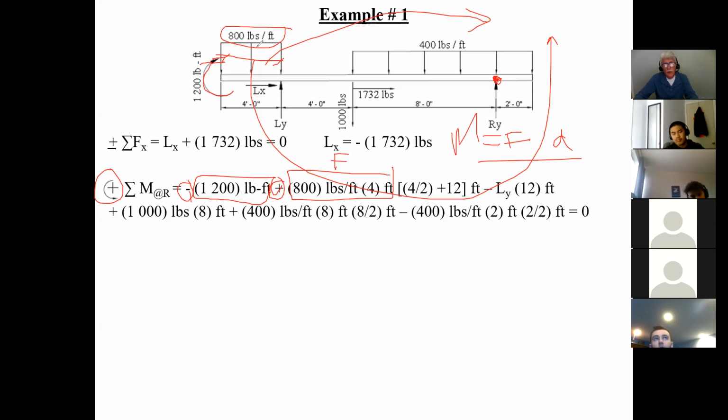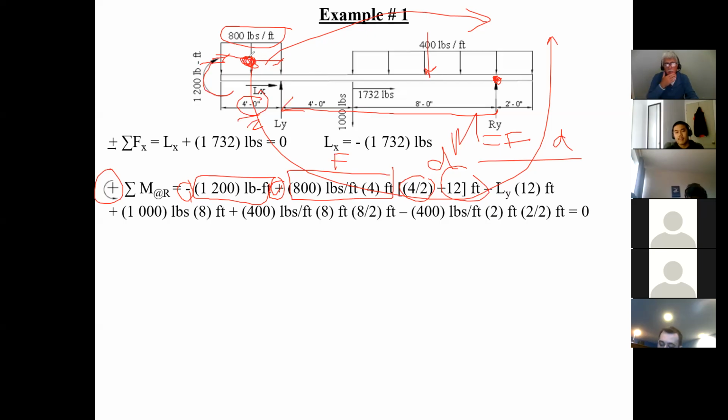For a uniformly distributed load, it acts at the centroid. So the distance is 4 divided by 2, plus 4 and 8, which is 12. Here's my force, here's my distance. Don't change these into concentrated loads, leave them as distributed loads and remember they act at the centroid.